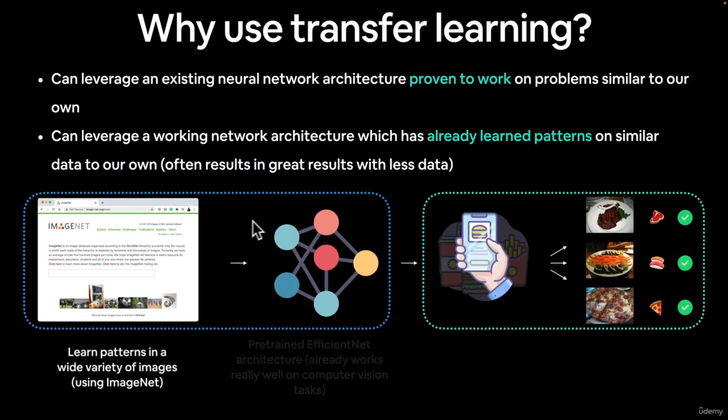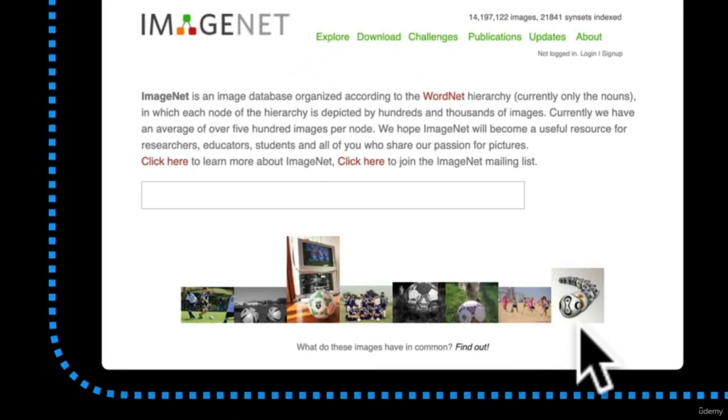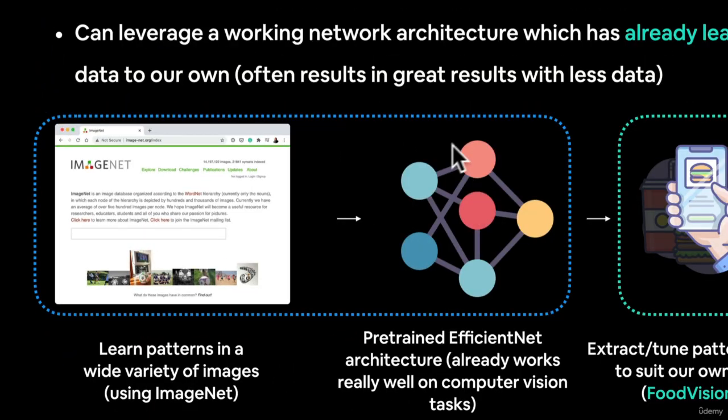And so, here's this in a graphic form. We learn patterns in a wide variety of images. So that gives our model an underlying understanding of the structure of what's generally in an image. So for example, a pre-trained EfficientNet. EfficientNet is a computer vision architecture. It already works really well on computer vision tasks.